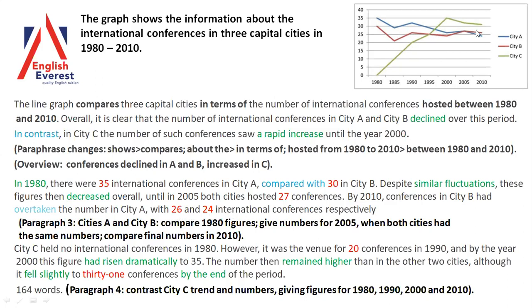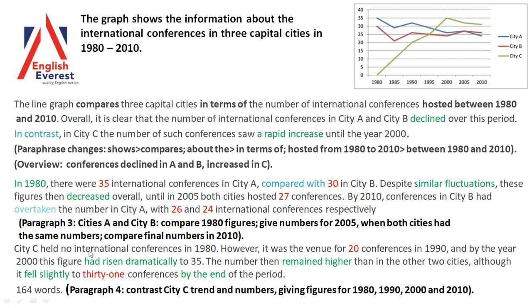So 26, 24 respectively. So paragraph 3, City A and B compare. Figures 1980, give numbers for 2005 when both cities had the same. Compare final numbers in 2010. That's what we've done in this short paragraph.